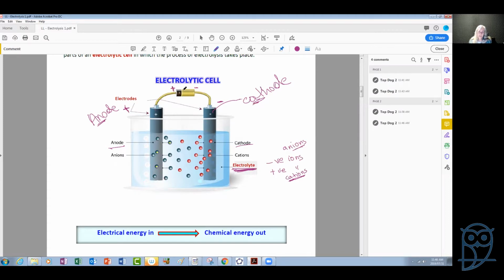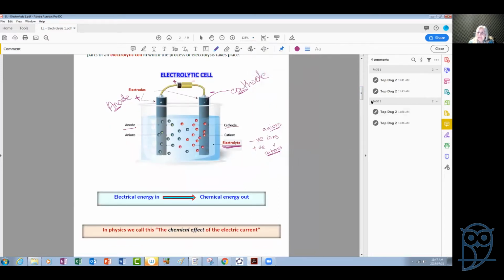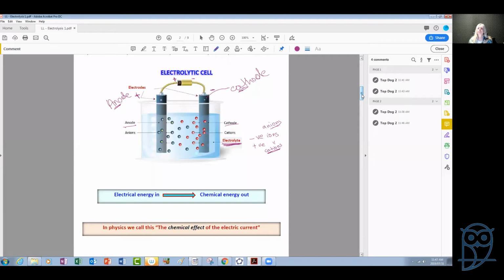Simply, the connection to a DC power source causes the positive and negative ions to move to opposite electrodes. And as they do, they separate the initial substance. What really happens in this process of electrolysis is that we supply electrical energy, because we connect it to a DC supply, which must be direct current.